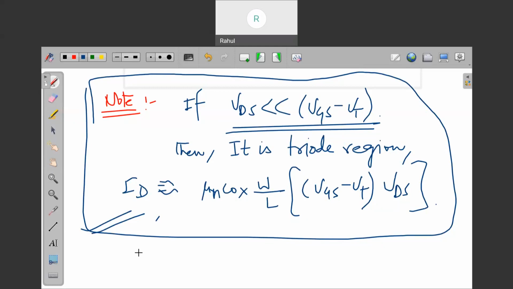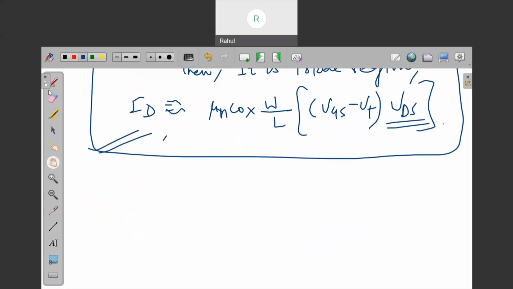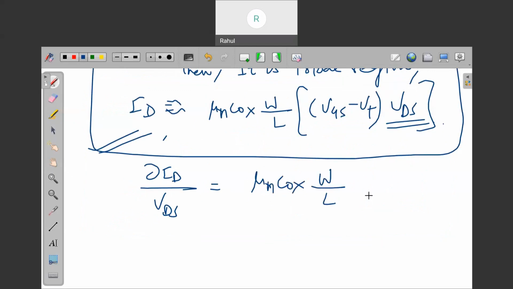Okay, so you can differentiate with respect to VDS. So ID with respect to VDS will be equal to mu n Cox W by L, VGS minus VT.